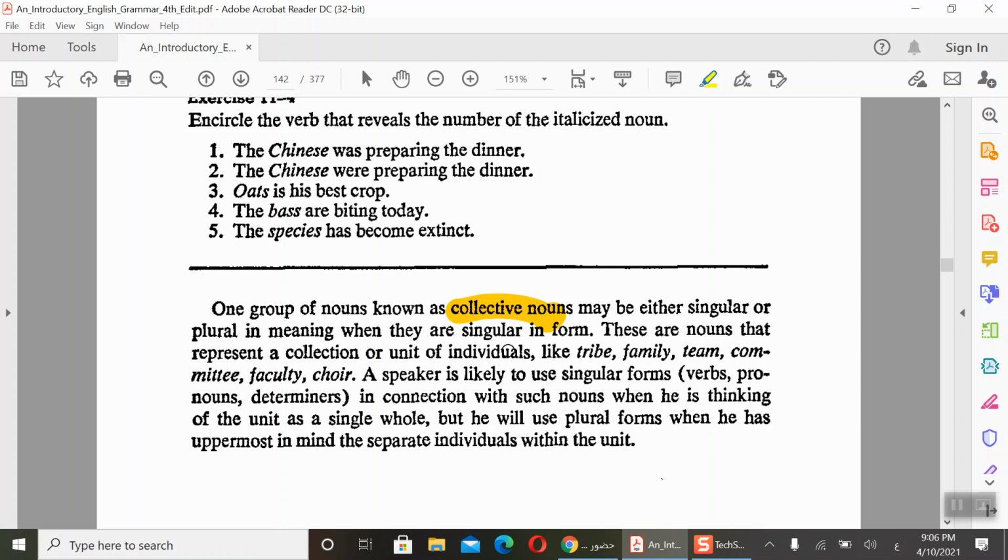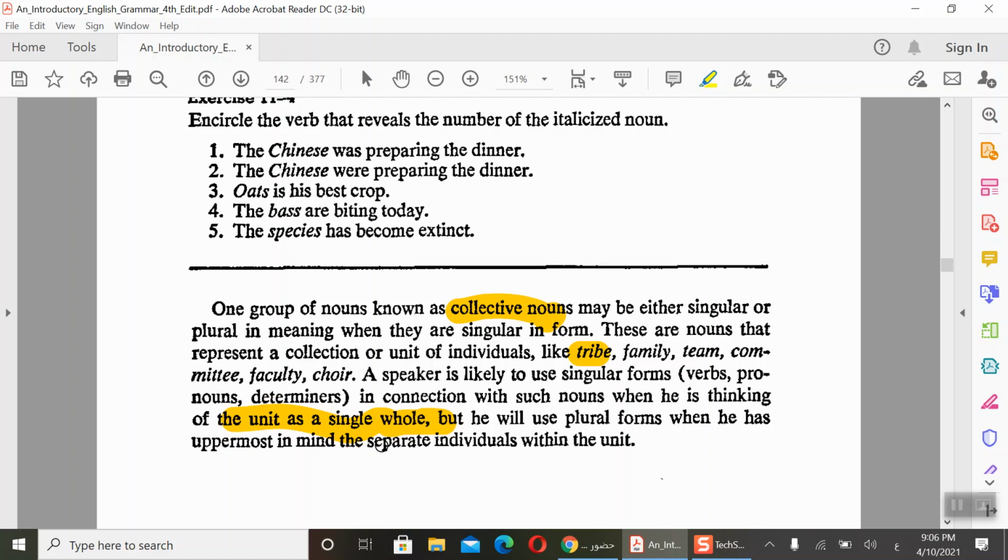These are nouns that represent a collection or unit of individuals. For example, tribe, family, team, committee, faculty, staff, can be singular or plural. A speaker is likely to use singular forms, verbs, pronouns, determiners, in connection with such nouns when he is thinking of the unit as a single whole, as one.